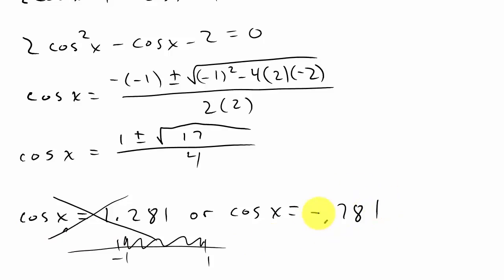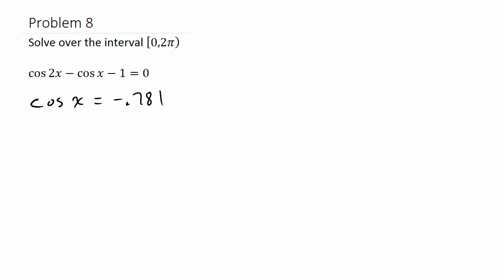Alright, so I'm going to erase all this and rewrite this up here at the top to give us some room. Alright, so I'm back. Now we've got cosine x equals negative 0.781. That tells me for cosine that since it's negative, my solutions are in the second and third quadrant.